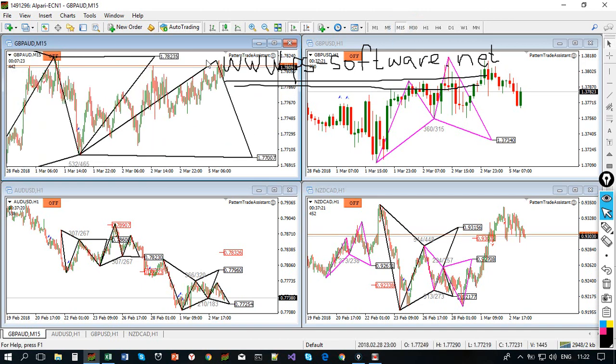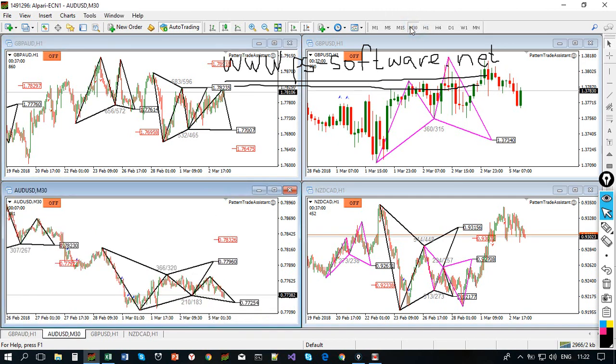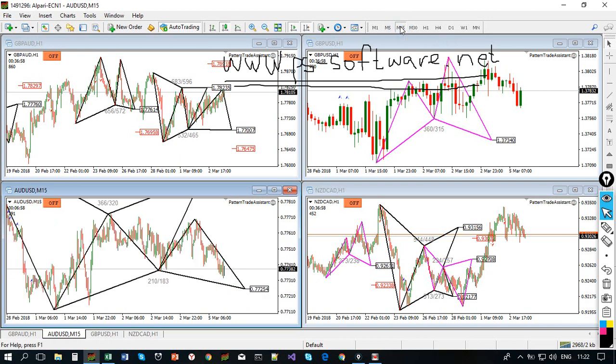On the 15-minute time frame, watch for the candle to go out from those oversold, overbought conditions. And almost completed is the Aussie dollar Gartley pattern at 77.25.4, and the pattern says that it should be executed where? Let me switch this. It should be executed on the 5-minute time frame.